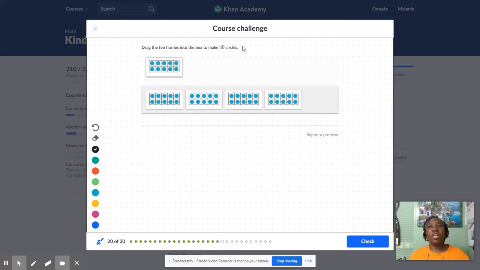Okay, then it says drag the 10 frames into the box to make 40 circles. And they teach you at an earlier age now, instead of doing 1, 2, 3, 4, 5, 6, 7, 8, 9, 10, up through 20, 30, 40, that's why I'm teaching pre-K now to work with the division correction chart.